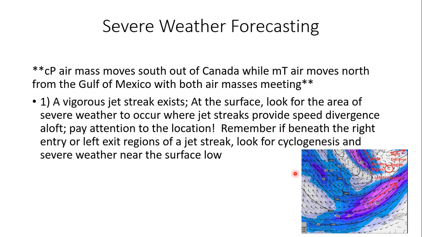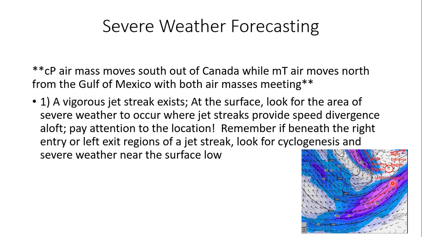If we look at 300 millibars, at 30,000 feet above the ground, there's a vigorous jet stream or jet streak which exists. In this bottom right-hand graphic, I'm showing this lighter magenta color. That indicates the strongest winds within the jet core, or the jet axis. And generally those are located just off the coast of Florida on out to the western Atlantic in this case.